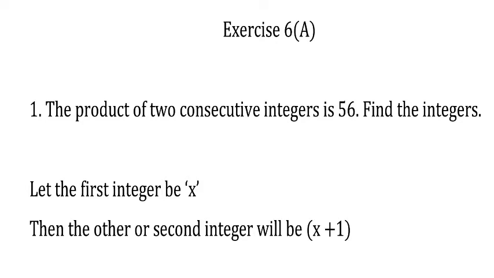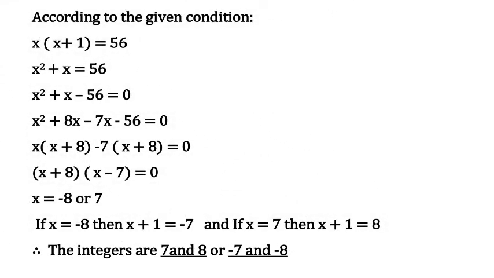Let us write in the form of an equation. As the product is equal to 56, according to the given condition, x into x plus 1 is equal to 56. Simplify the equation and form a quadratic equation, that is x square plus x minus 56 is equal to 0.